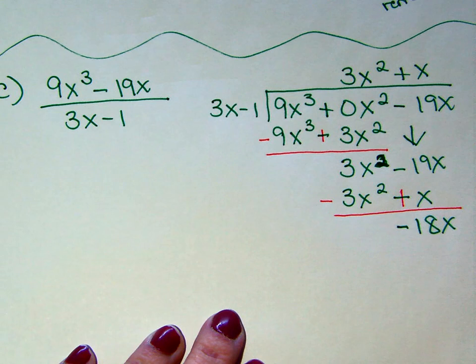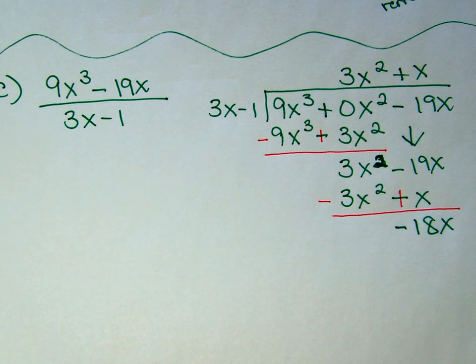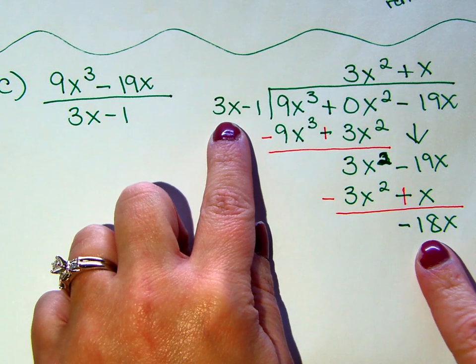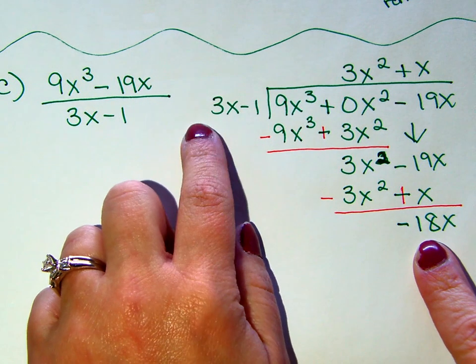And you'll notice that there wasn't a constant term either. There wasn't a number attached at the end that didn't have a variable. If you wanted to, you could put a plus 0 there as well, as a placeholder for your constant term. Because we're still not done, even though I don't theoretically have any more terms, because I can still say, okay, 3x times something can give me a negative 18x.